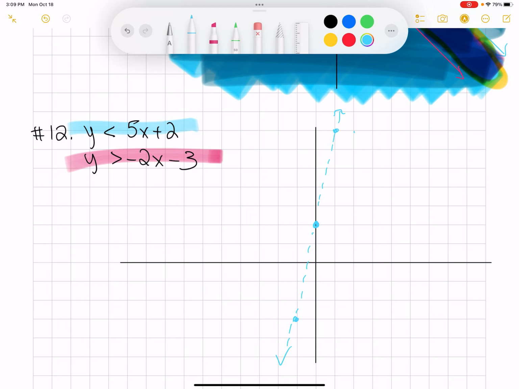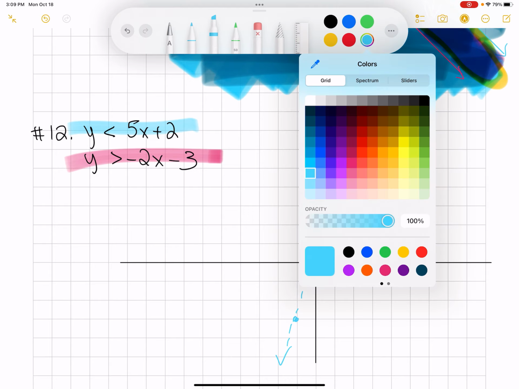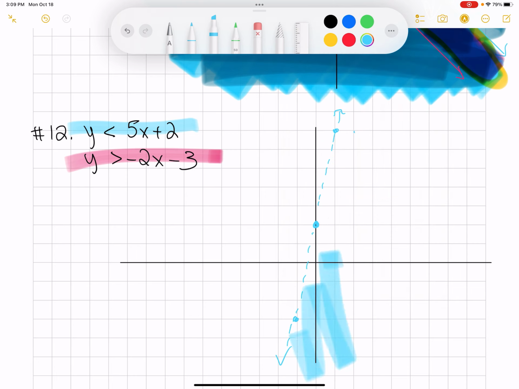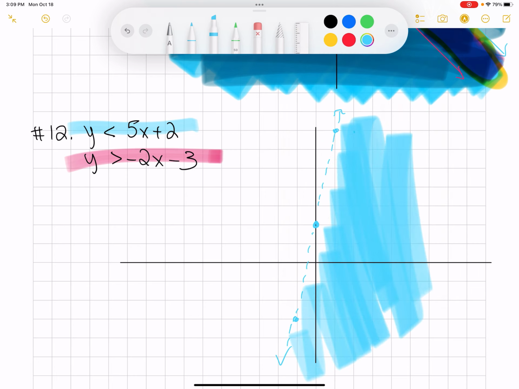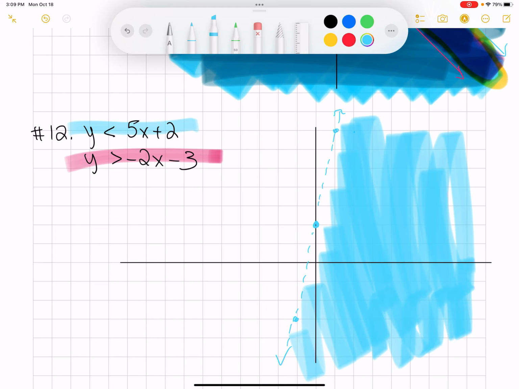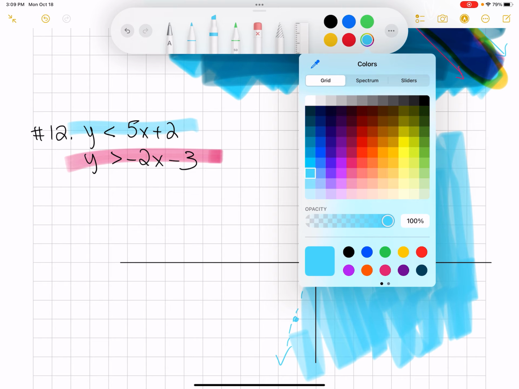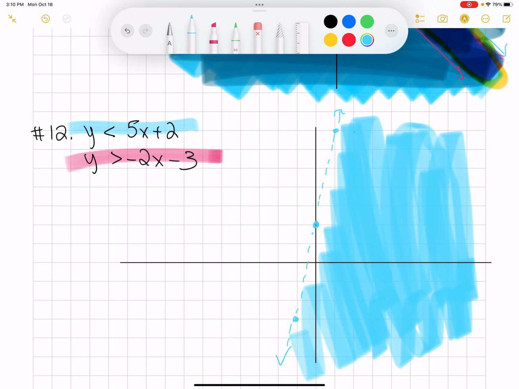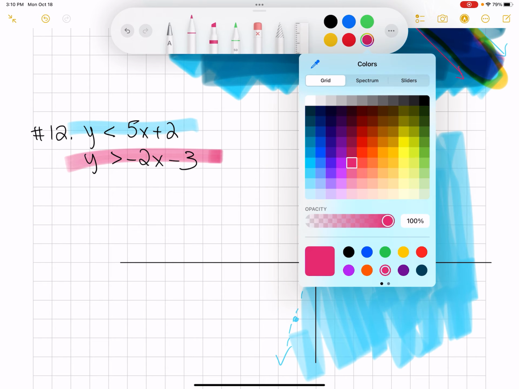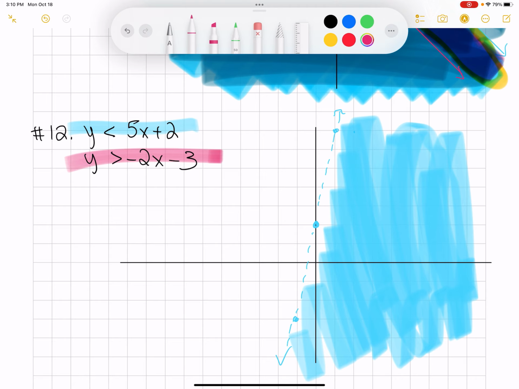It is shaded below. Okay, it's less than. This is one of those that can look kind of weird. So it's shaded over here. Alright, the other line has a y-intercept of -3 and a slope of -2, so down 2 over 1 or up 2 back 1.